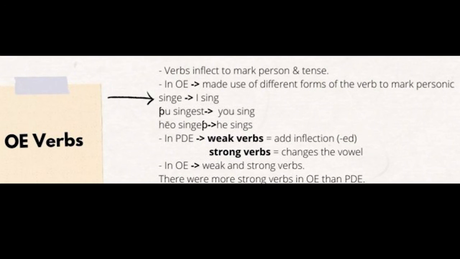For example, walked and borrowed are weak verbs, and then drank and sang are strong verbs. Old English verbs also had strong and weak verbs, but in Old English there were more strong verbs than in present day English. Thank you.